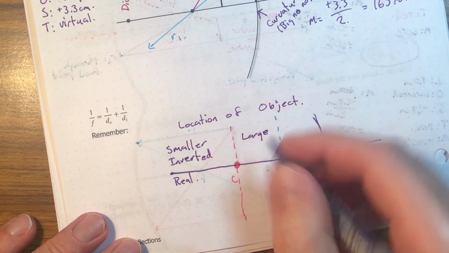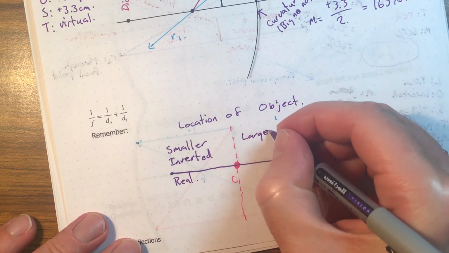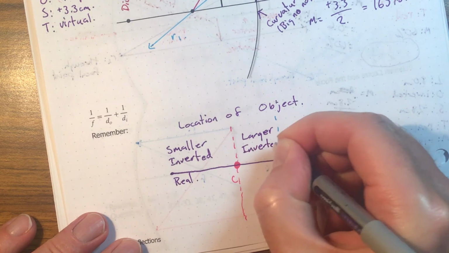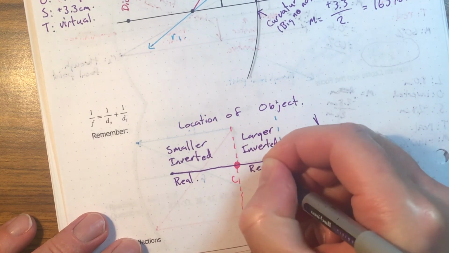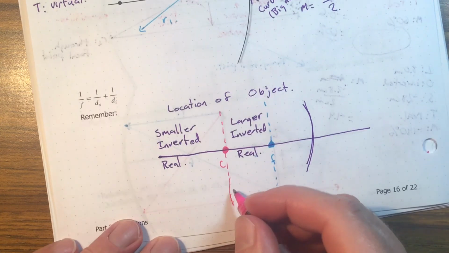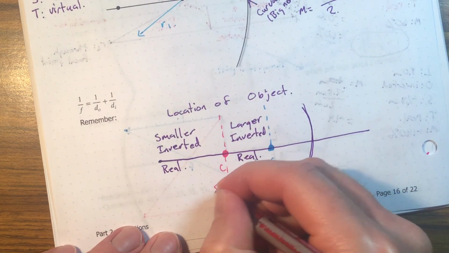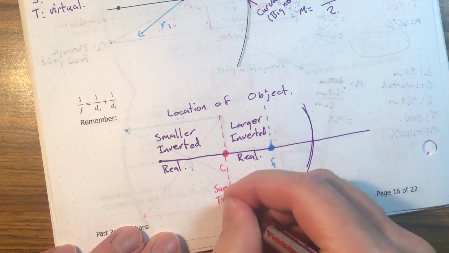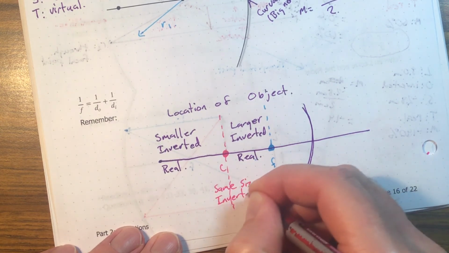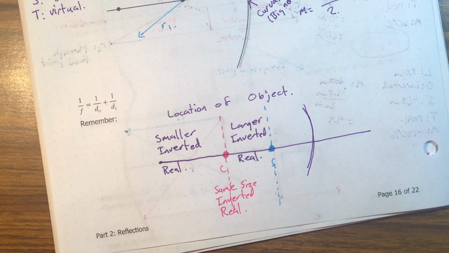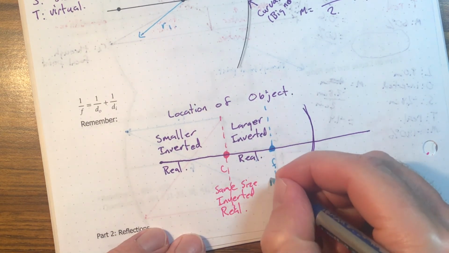So if the object is between the center and the focus, we're going to get larger, inverted, and real. What if it's at the center itself? If it's at the center itself, we're going to get same size, inverted, real. If the object is right at the focus, no image.